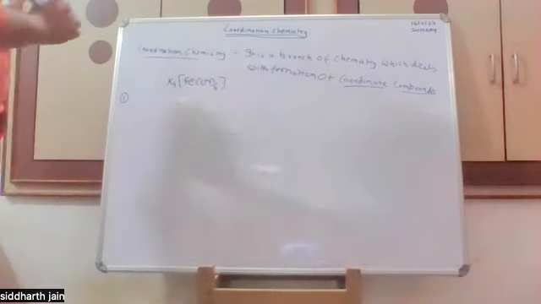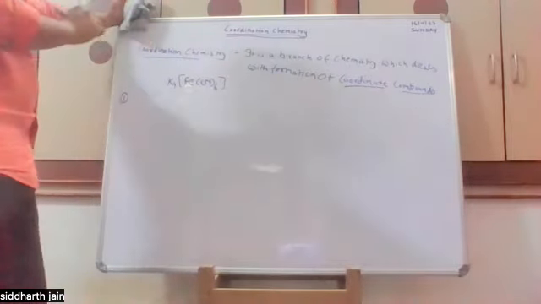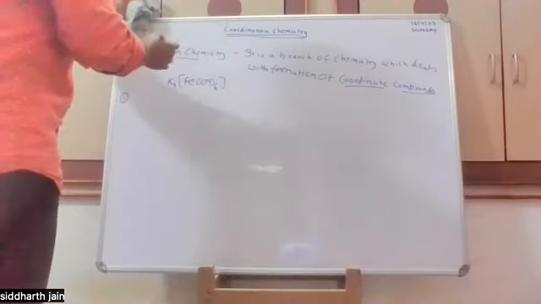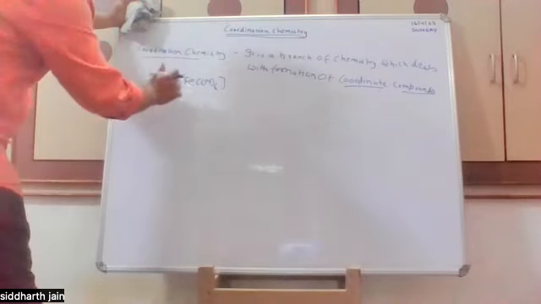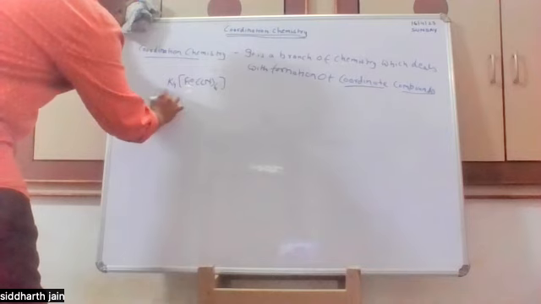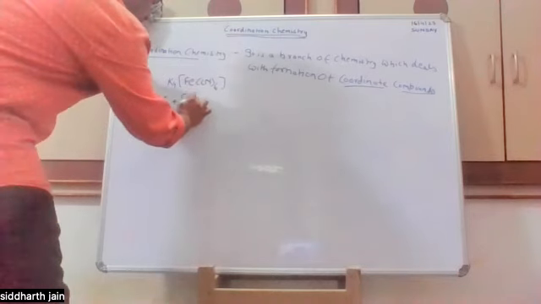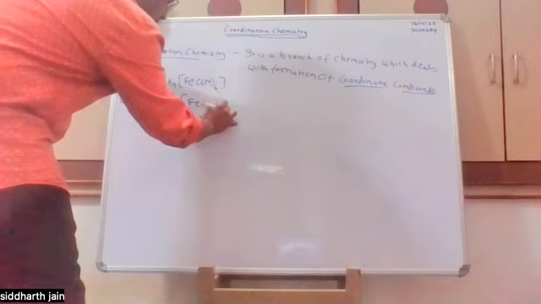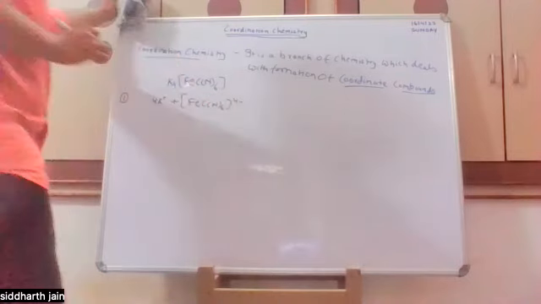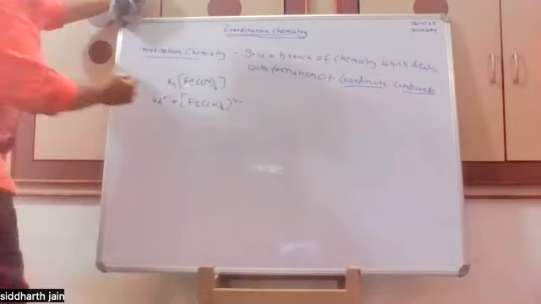So what is meant by primary valency? In this complex, we can see if we write it as 4K+ [Fe(CN)6]4-, this 4K+ is getting dissociated.